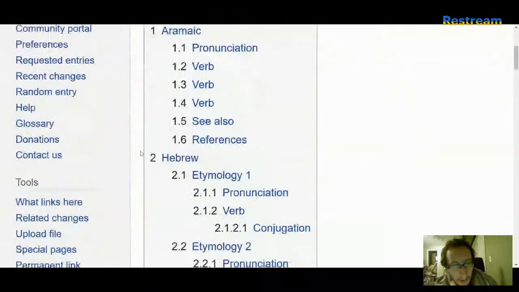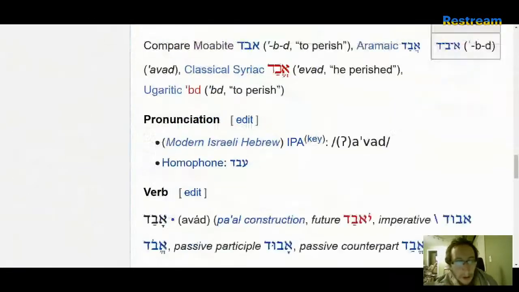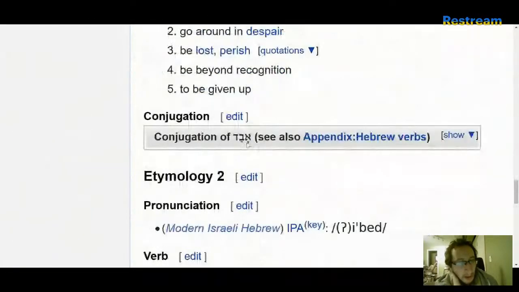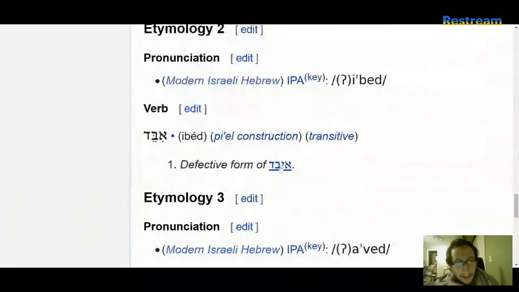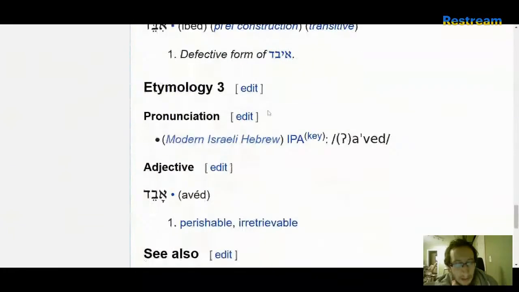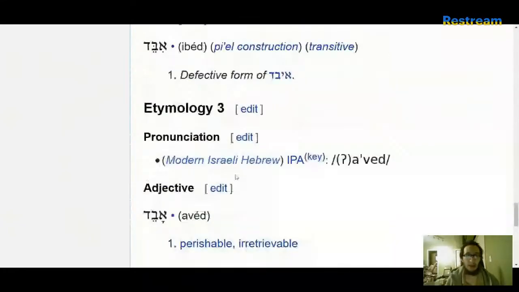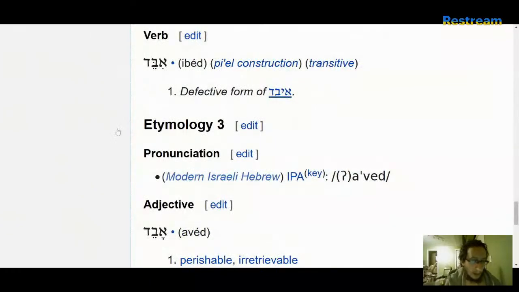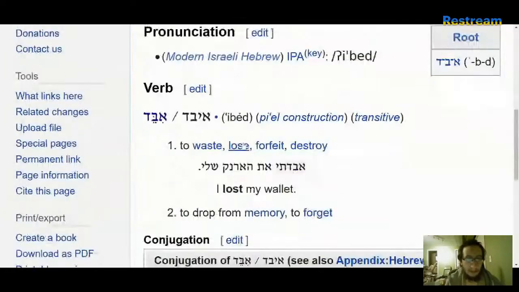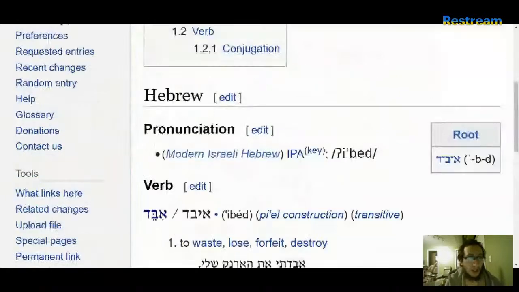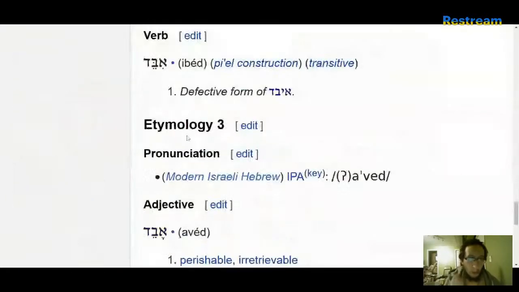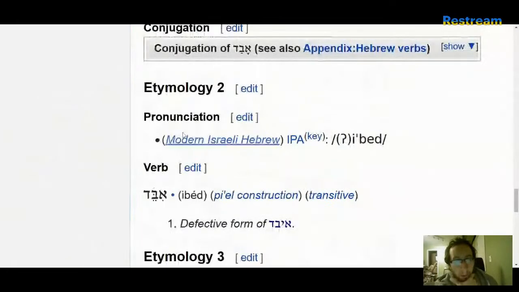Oh, same word in Aramaic as well. So we have to perish. Can also mean, it's a modern way of spelling this, abid. Okay, it's perishable, irretrievable. Yeah, so it comes from that same, one second. Oh yeah, this means waste or lose, destroy. So yeah, it's all related to the same root word, lost or lose.